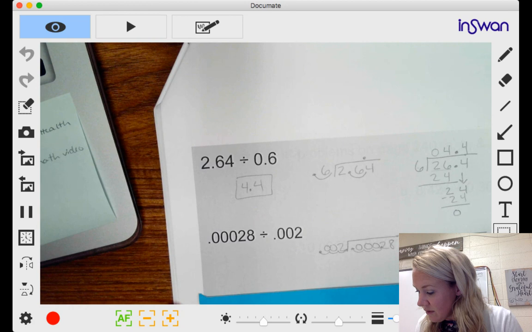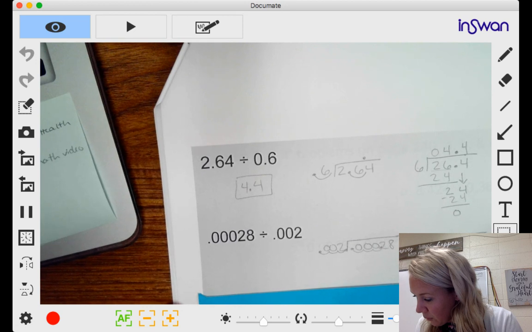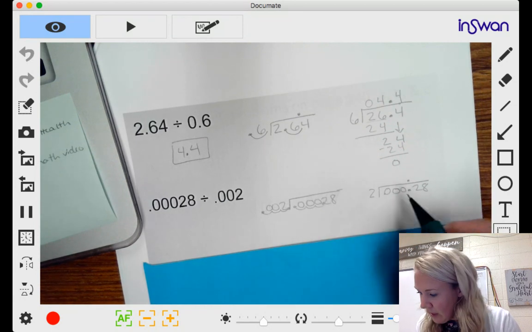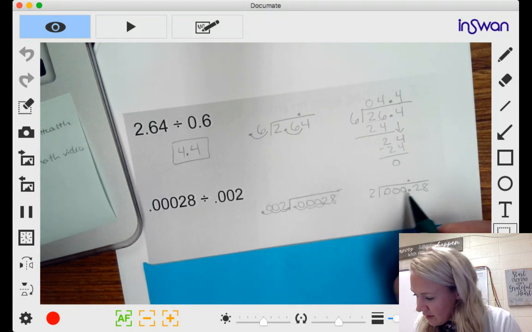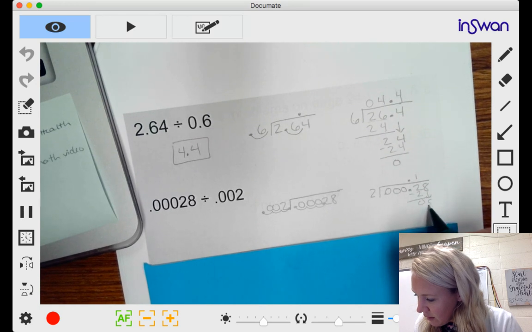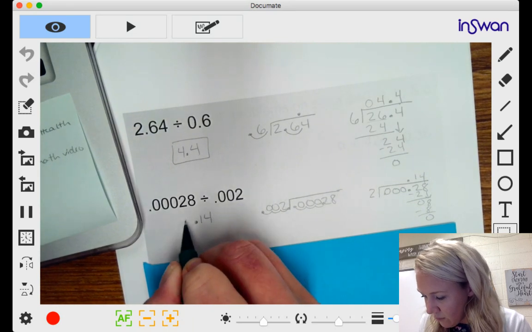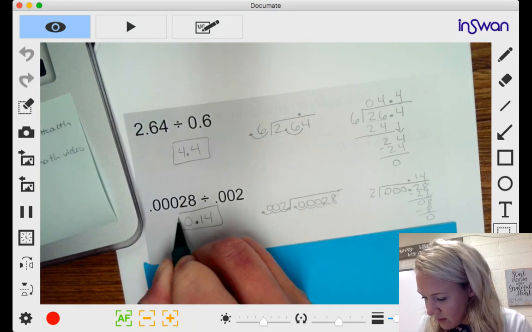So 2 is outside now, and I moved this to be 0.28. Technically I could have gotten rid of those zeros, but 2 doesn't go into any of these, but 2 goes into 2 once, and it goes into 8 4 times. So I got an answer of 0.14. And you can put a 0 up front if you want. That doesn't change it.